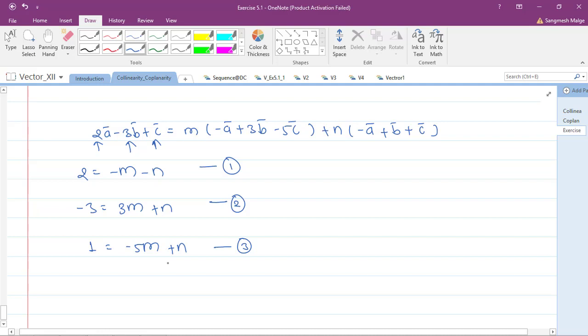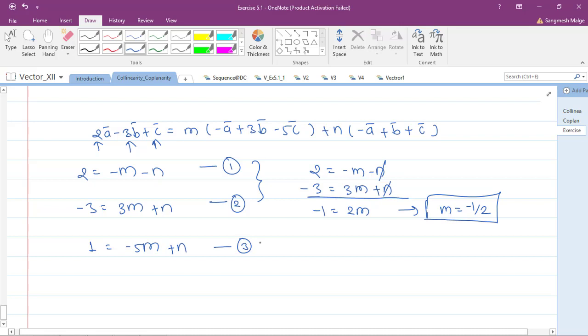For that we'll consider only these two equations. If I add them, minus m minus n and minus 3 is equal to 3m plus n. Minus n plus n cancel, so minus 1 is equal to 2m. So m is equal to minus 1/2.